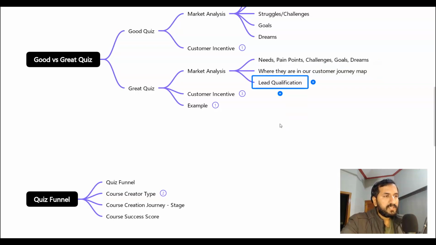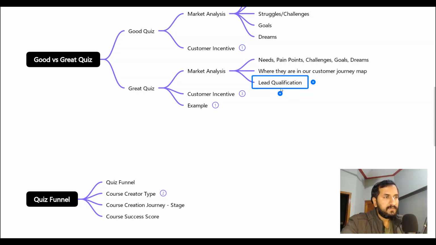The lead qualification part, this is normally what we do to get some idea about how this lead will be for us if we sell our online courses to this lead. Now, why is this important? Because if, let's say, we are selling our online course to everybody, sometimes there are people who will not get the results, not because of your course, but because of their own problems or issues.